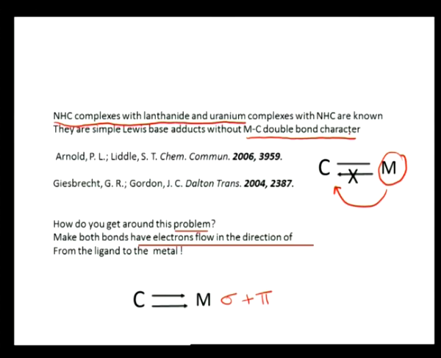So, in the systems that we are going to discuss just now, there is in fact a very clear formation of a carbon metal double bond, and that happens because you have generated a carbon center which has got electron density both in the sigma and in the pi manifold with a pair of electrons. So, if you have C2 minus, then both electrons can be donated to the metal in the same direction. Let us take a look at these complexes now.